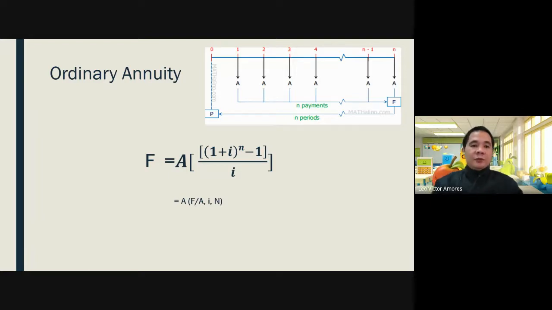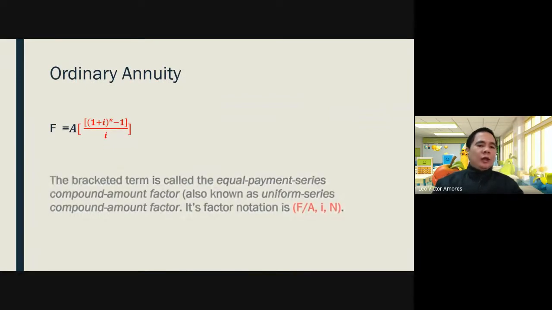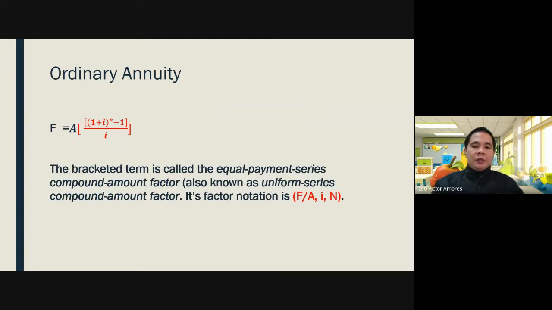No question? I'll proceed. So, for ordinary annuity, that is your future value. The bracketed term is called the equal payment series compound amount factor, also known as the uniform series compound amount factor. Its notation is (F/A, i, n), wherein you are looking for the future value of an annuity at a certain interest for a certain number of years.